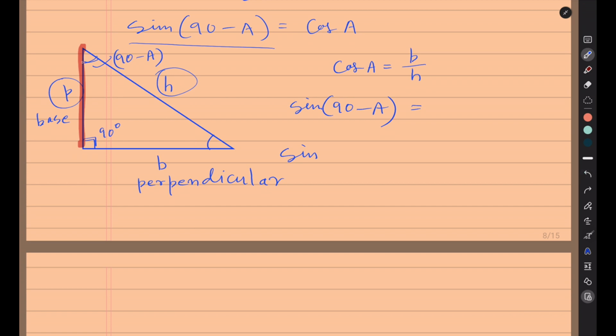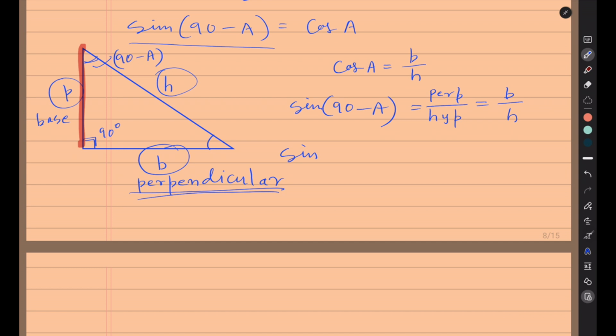So what will be sine 90 minus A? Sine 90 minus A is basically perpendicular divided by hypotenuse, isn't it? So now what is perpendicular? Perpendicular will be this one, B. So this is B, and hypotenuse is hypotenuse.